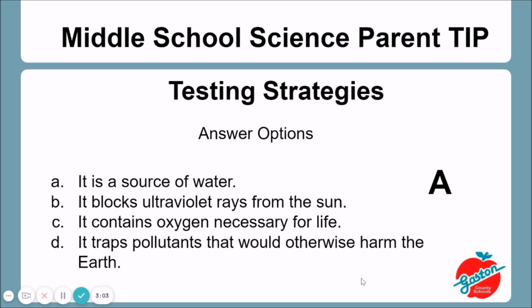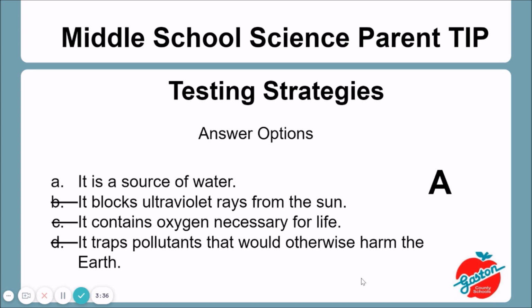It is very important that before you choose your answer, you eliminate the distractors, which are in this case options B, C, and D. While B, C, and D are true statements related to the atmosphere, it blocks ultraviolet rays from the sun, it contains oxygen necessary for life, it traps pollutants that would otherwise harm the earth, the question is asking about the relationship between the atmosphere and the hydrosphere.